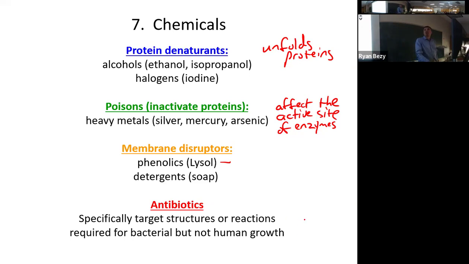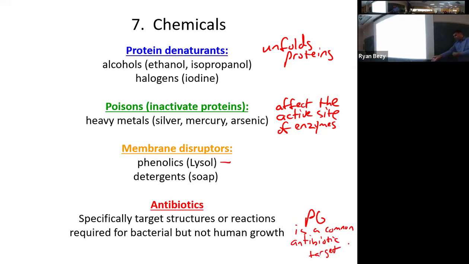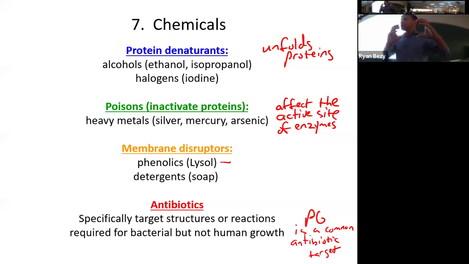And a common target for many antibiotics is peptidoglycan. It's not the only one, but peptidoglycan cell walls is something that bacterial cells have. They have to have them. They need them. And that's something that human cells don't.